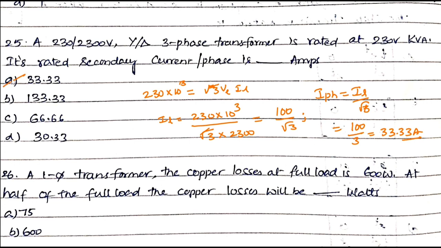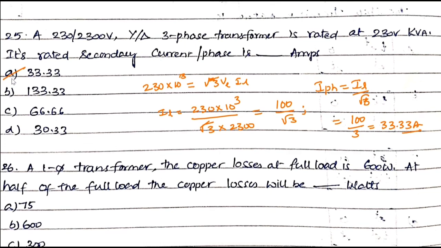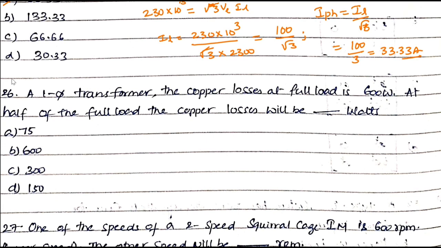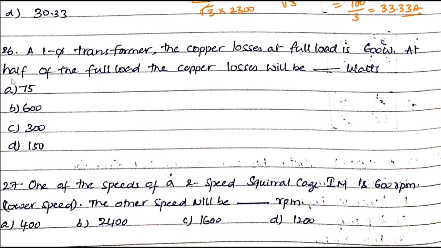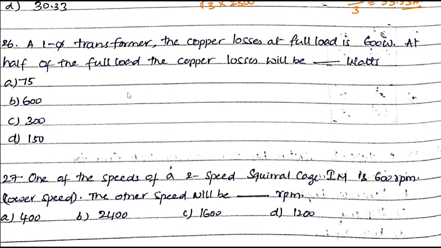Okay, so next question, a single phase transformer, the copper losses at full load is 600 watts. At half of the full load the copper losses will be dash watts. Okay, so copper losses at full load, WCFL is equal to 600 into x square.